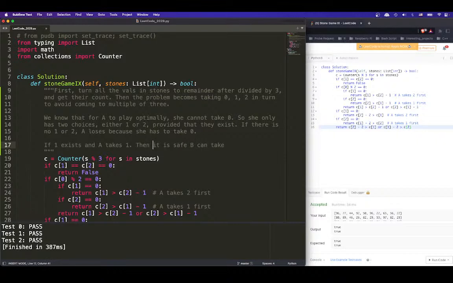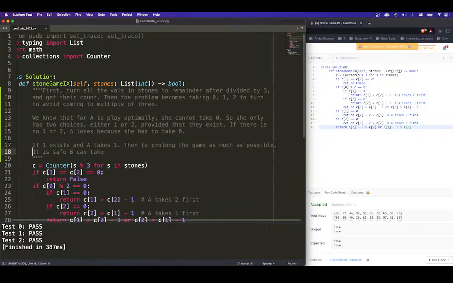Then to prolong the game as much as possible, both A and B have to take 0, because it is always safe.